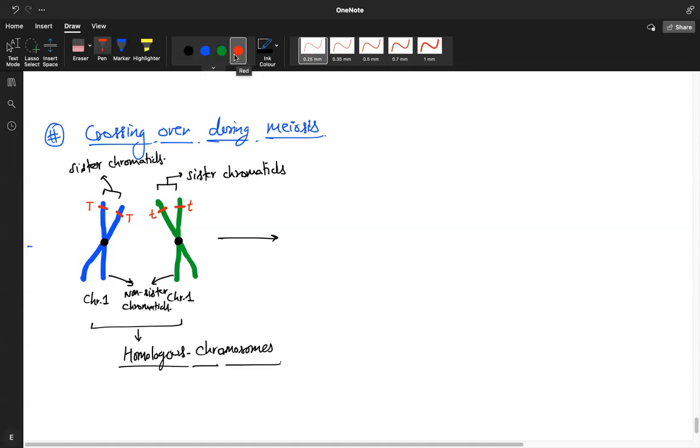Now, let's say there is another gene present here, which is yellow. What gene would you like this to be? Any gene that you have studied from class 10th.